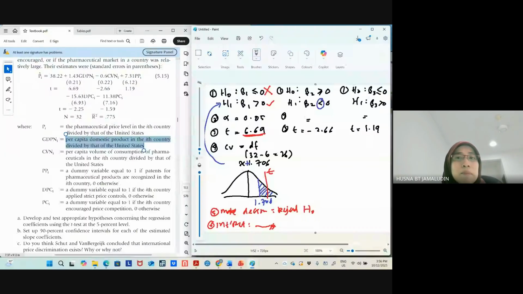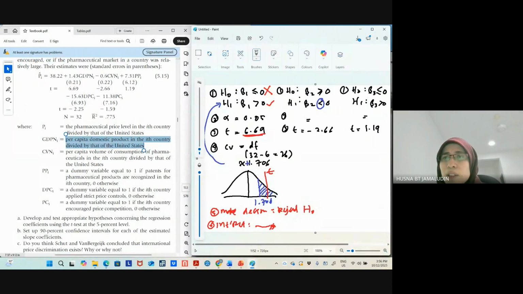Or if you want to make your life easy, you can just reread the independent variable, the per capita domestic product in the country, and say that it has a positive impact on the pharmaceutical price level. So you are saying that the independent variable has a positive or negative impact on the changes in your dependent variable. So interpretation could be that way as well.